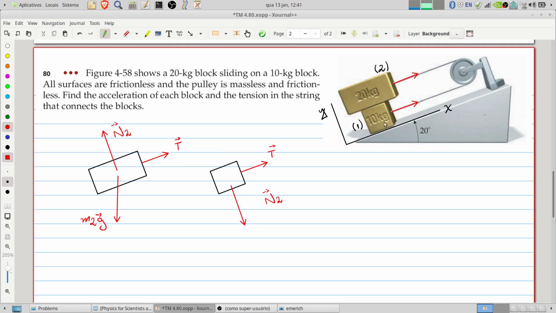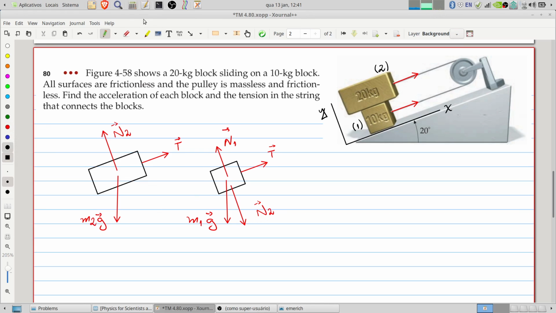And also we have the reaction of this surface acting on block 1. So here, let's draw it, N1. And also we have the weight of block 1, m1 times g. And these are the forces acting on both blocks.